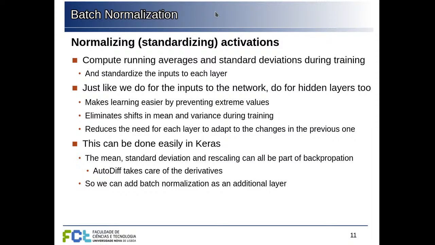And this can be included in the automatic differentiation, since these rescaling operations are just subtracting the mean and dividing by the standard deviation. These work as constants as far as the automatic differentiation is concerned, because these are not parameters that are being learned by the optimizer.